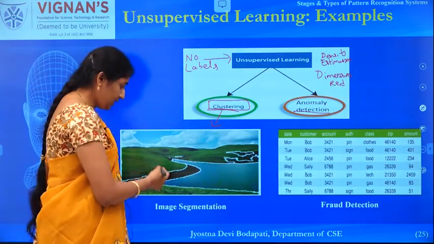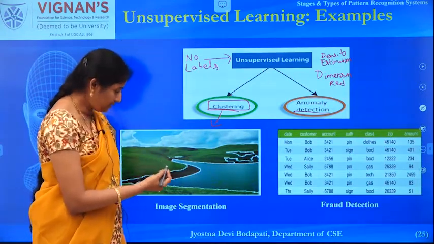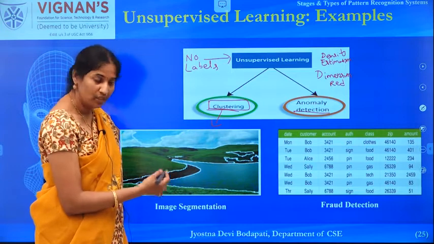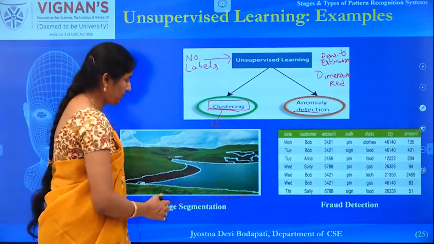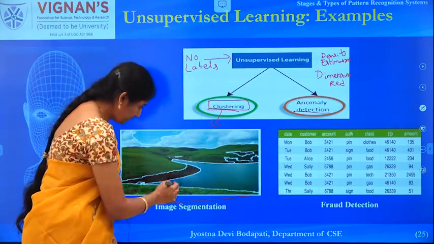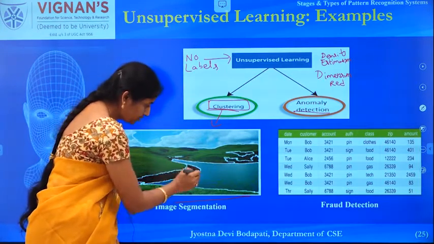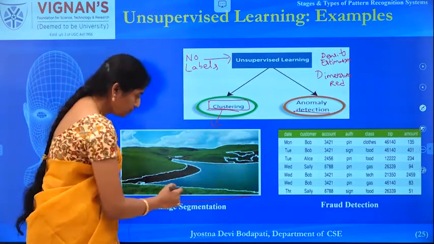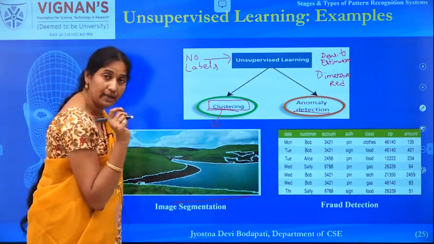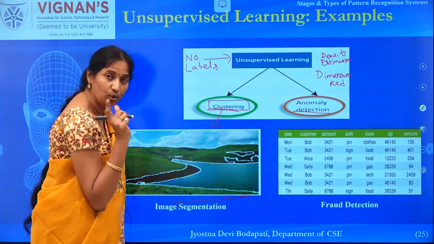Now I'm quoting an example called image segmentation, which is very interesting. If you consider this example, can you see the white outlines here? You can see the segments or partitions. Similar pixels are identified and categorized into one group.